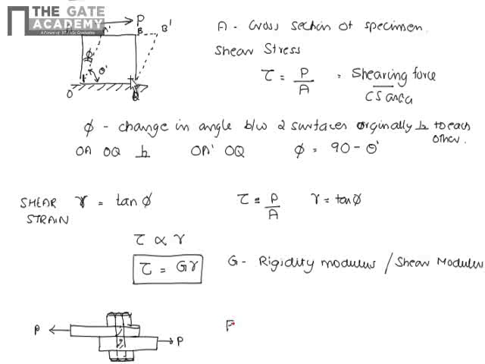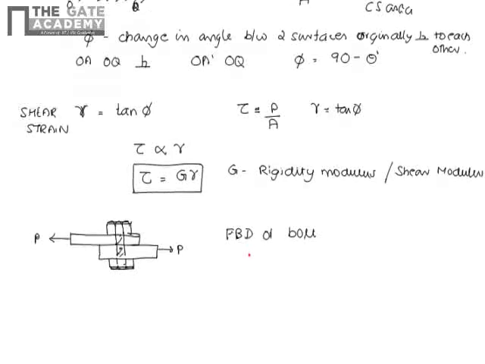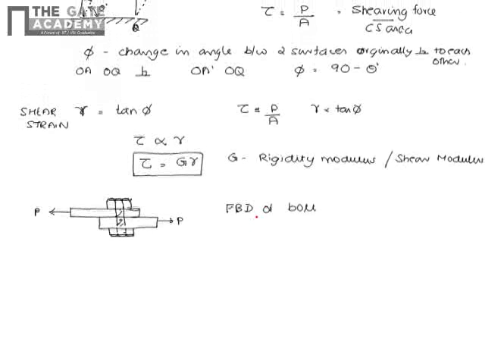Now we will draw the free body diagram of the bolt. How will it look? If I draw the free body diagram of the bolt, I can say the force P acts on the top part and the force P acts on the bottom part. And this bolt is actually of circular cross section.